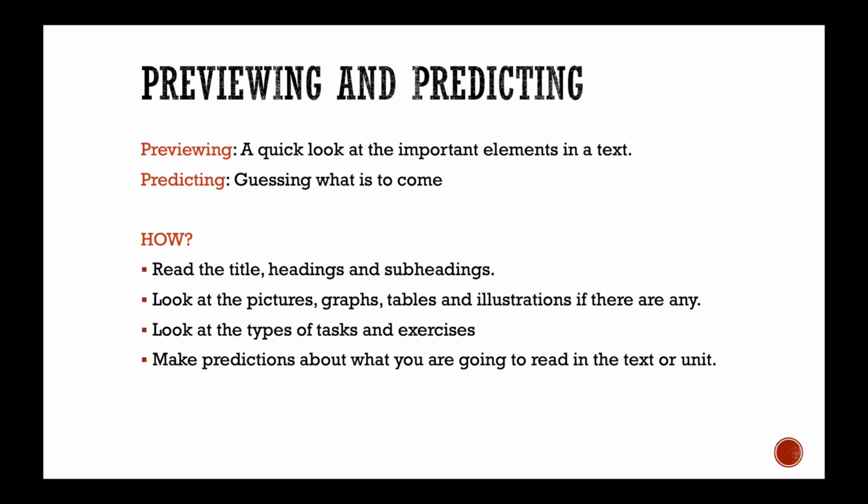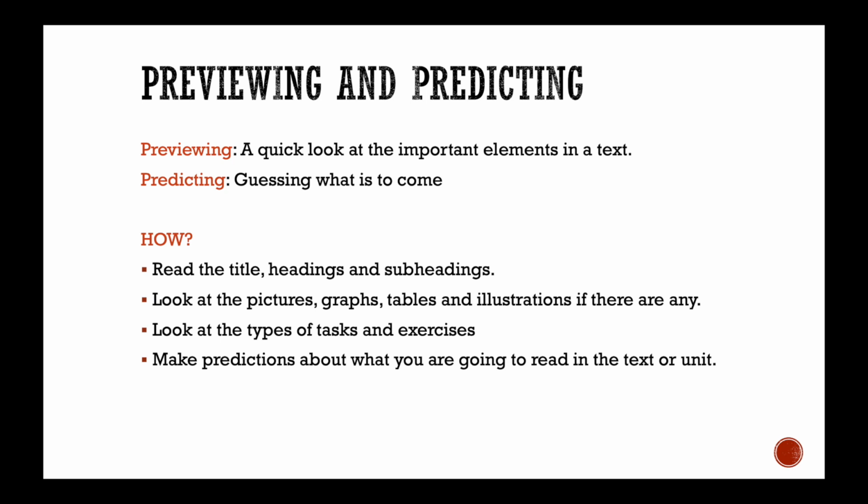And this helps you get an overall picture, remember what you already know about the subject, and understand the text better. There are some ways to apply this strategy in a useful way. Now, let's have a look at those ways.